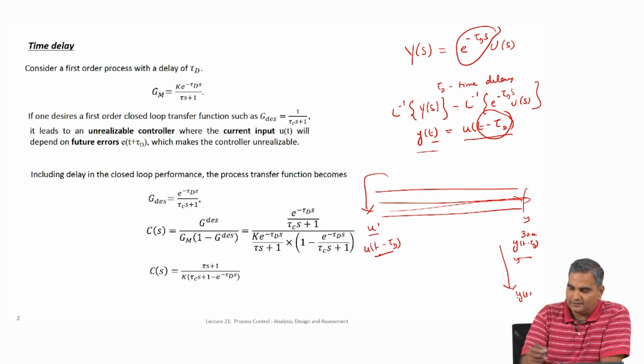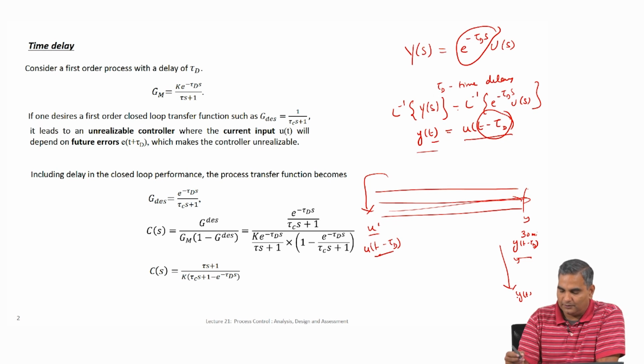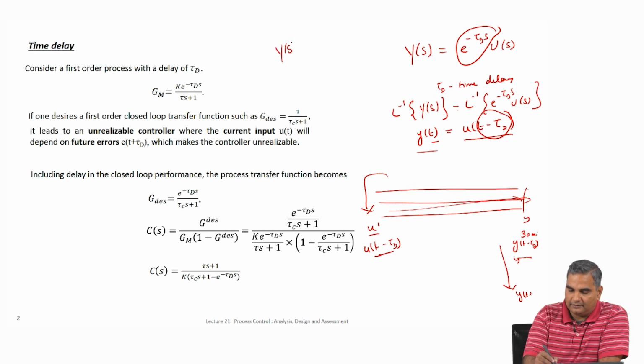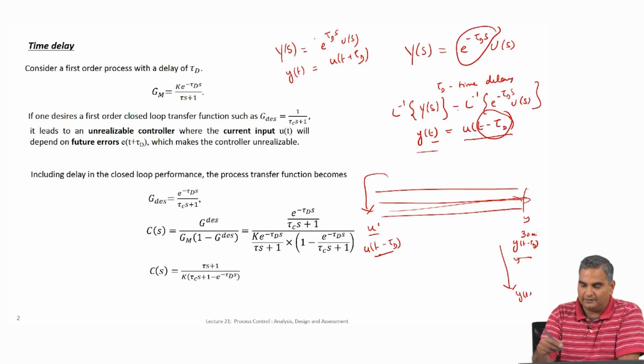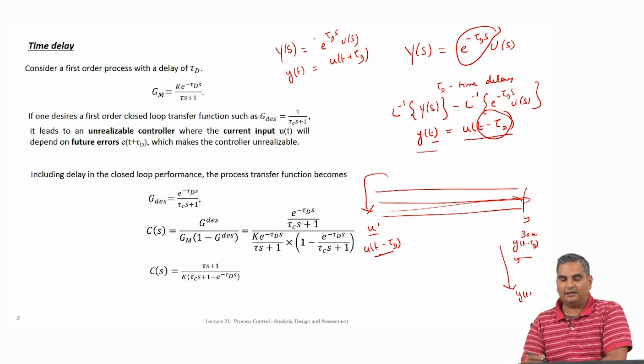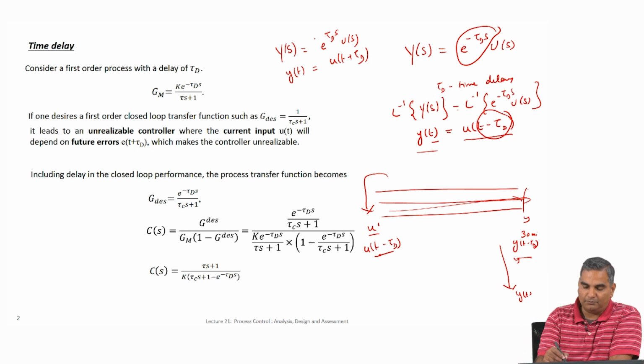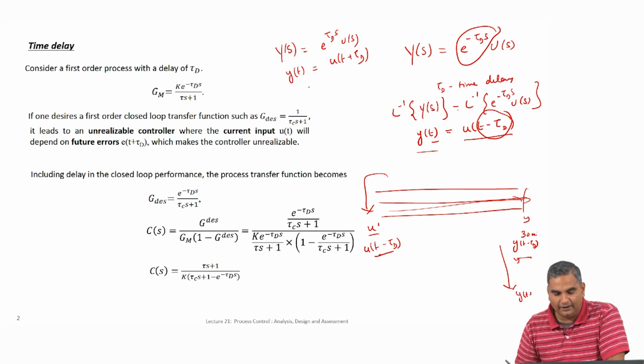Now, similarly, just so that I show you this, because we are going to see this as we go along in this lecture. If y of s is, on the other hand, e power tau d s times u of s, then this equation says, when I do the inverse Laplace, y of t is u of t plus tau d. So, the sign changes. This basically says that the input is going to lead the output.